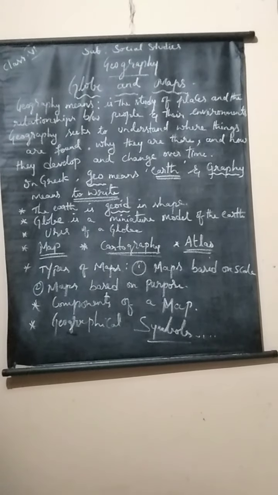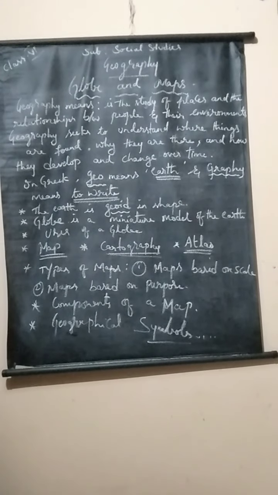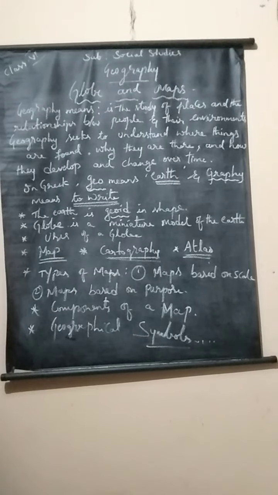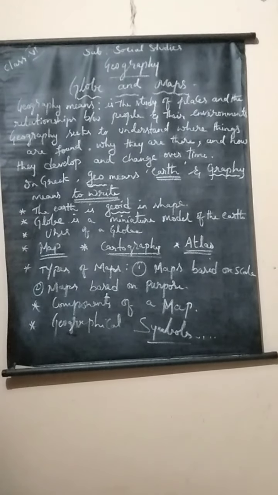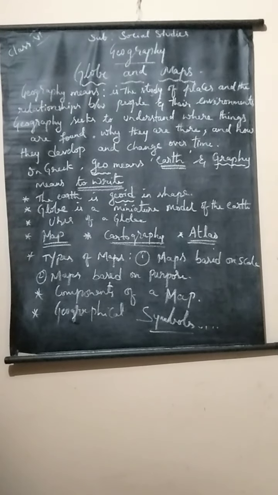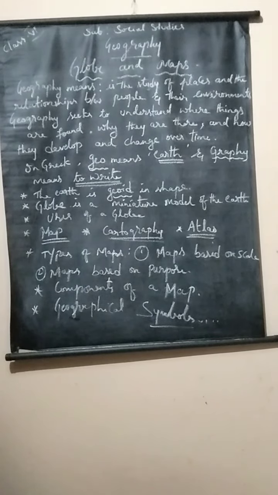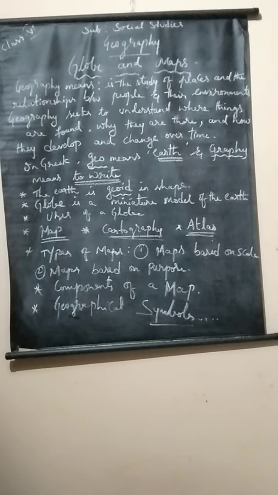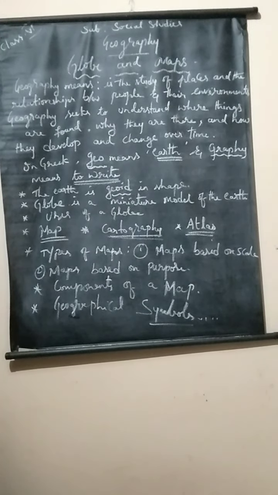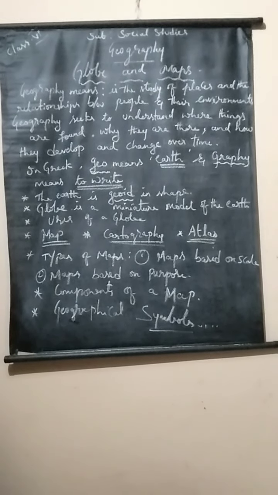Colors. When you look at a physical map, you can see the different colors, isn't it? These colors represent different physical features in a physical map. The colors used are as follows, that is blue, green, yellow, brown, dark brown, white or purple.